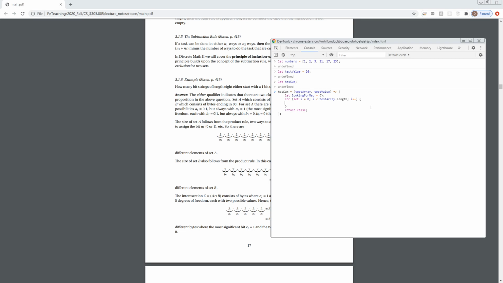And then within the array, we need to see if looking for the current value here, and I'll set it as a constant. And so this variable is scoped to the loop, and so every time the loop iterates through, it'll create a new current value.